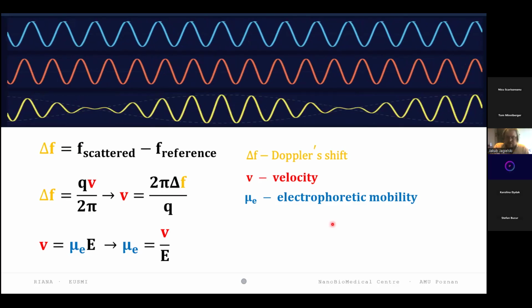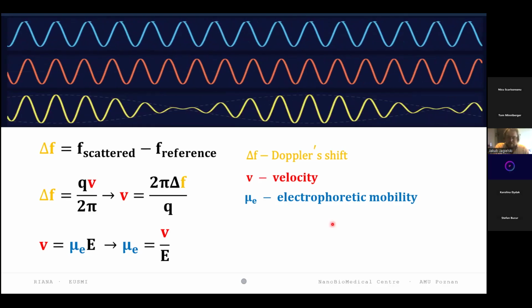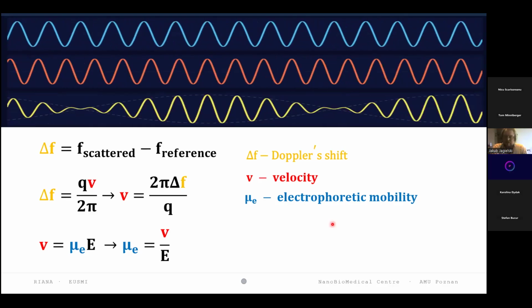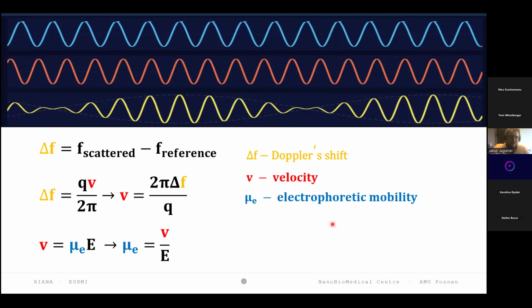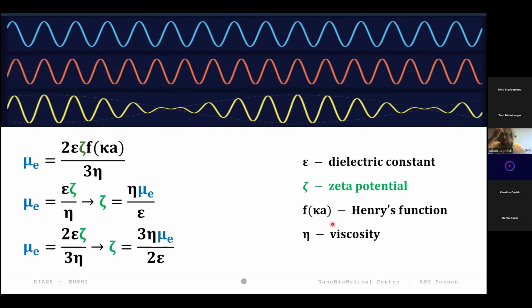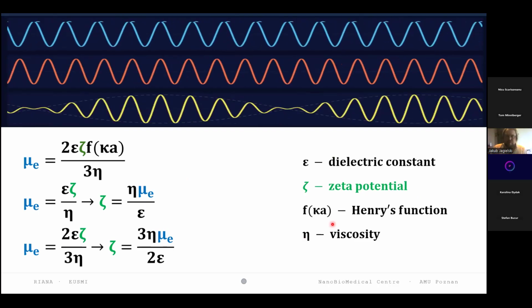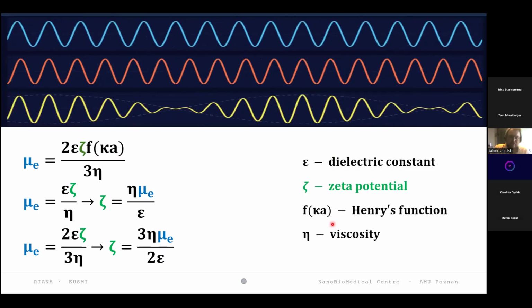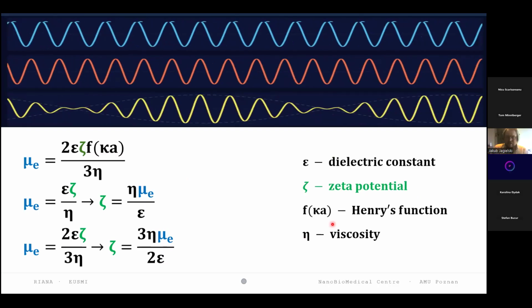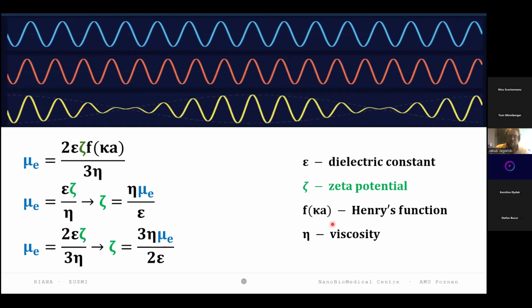This electrophoretic mobility is the primary experimental observable quantifying the particle's velocity response per unit applied field. Next, to convert electrophoretic mobility into zeta potential, we use Henry's equation, which contains the so-called Henry's function, which is very tedious to calculate.